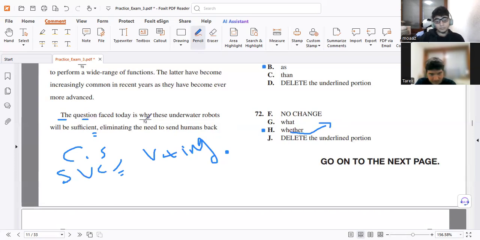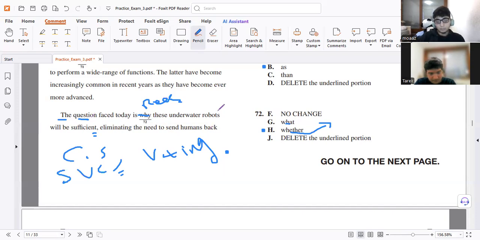And why not say why? Because we say question, not reason. See, here it doesn't tell you a fact. He said the question means you are not confident about something, right? If I delete it, you make it wrong, because the question faced today is this.